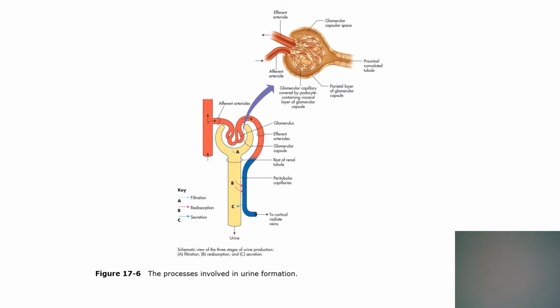right here is your filtering in that part A, and as it's filtering, it goes out into these little network of veins. So what can be saved, electrolytes that need to be saved back into the body, will get reabsorbed from the tubules back into that bloodstream.